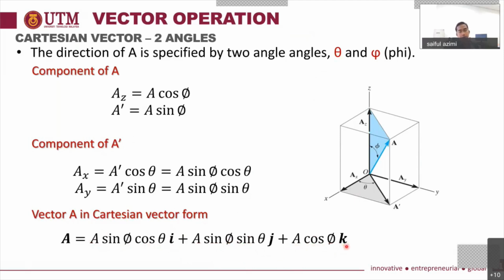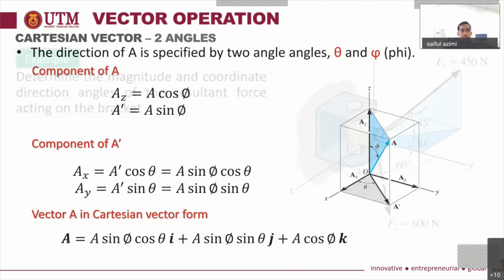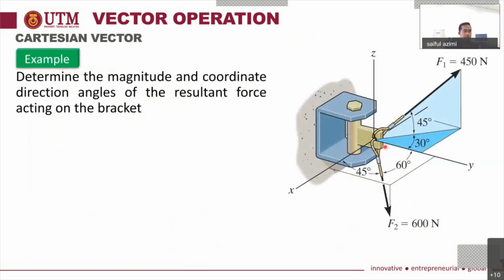But it is important for you to verify by observing the diagram of your question, and you need to verify by drawing a separate triangle as usual. Next we will take a look at the example.